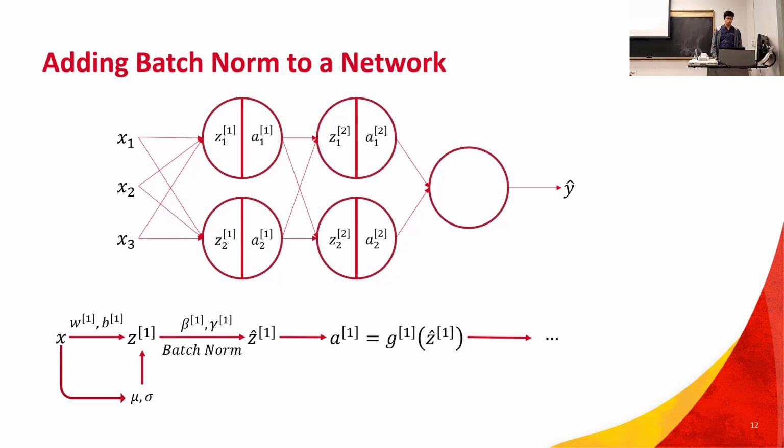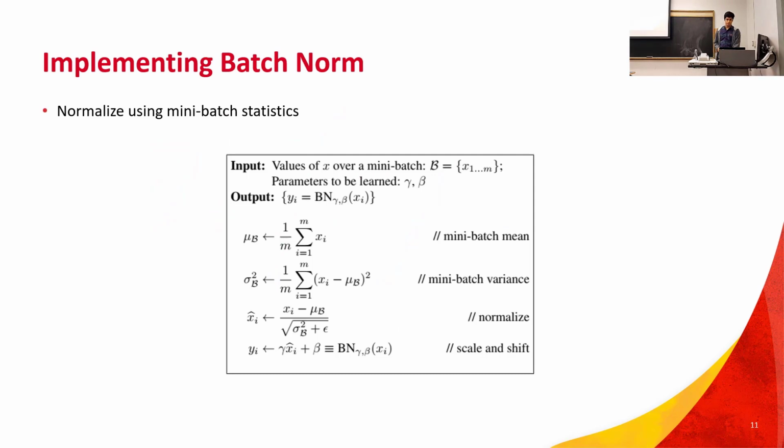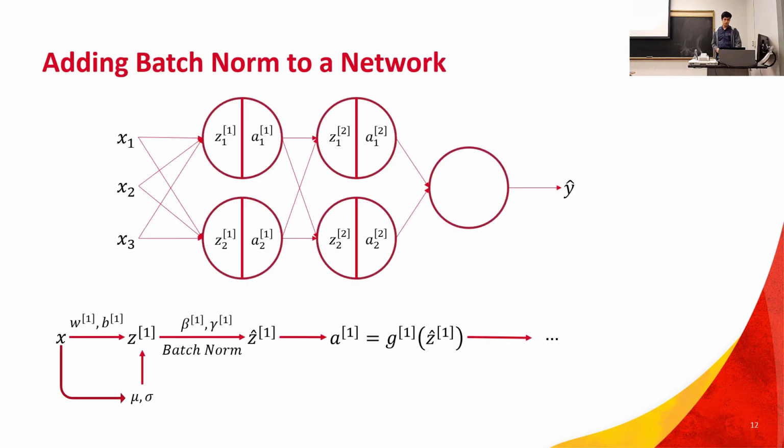We have x, and then we calculate mu and variance, and we have w1, v1. We get z1, but now we have a middle step, which is batch normalization with gamma and beta. So we calculate the previous function and then feed that through to get our z hat. Just for simplicity, I brought these notations; it's not the one in the paper. We calculate z hat, and then we get a1, which is basically a function of z hat, not z.